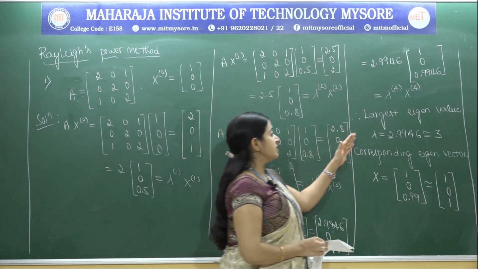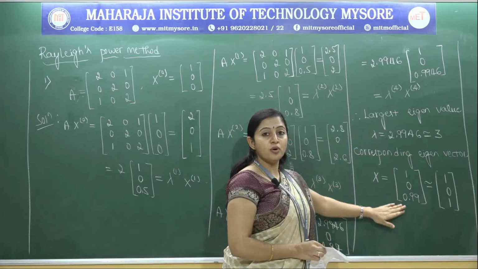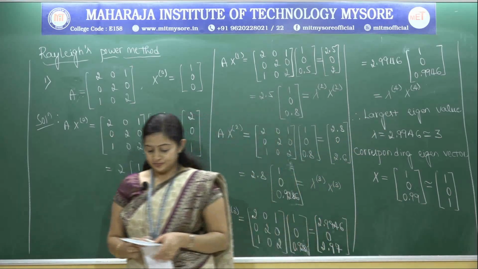So this is the largest eigenvalue and the corresponding eigenvector.